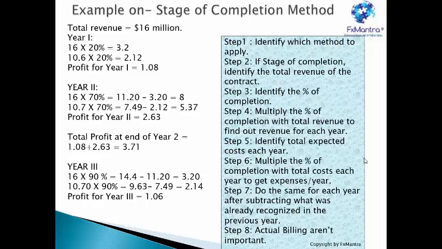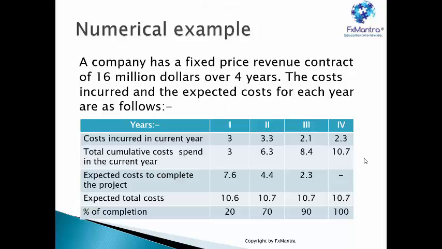These are the step-by-step procedure on each of the methods that we are going to follow. Step 1 is identify which method to apply. For instance, let's assume in this case the percentages are already given to you. In the first year we have 20% completion, second 70%, third 90%, and finally in the fourth year 100% project is complete.